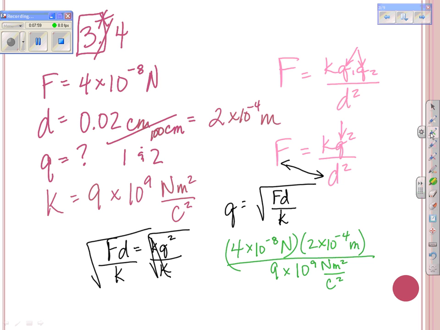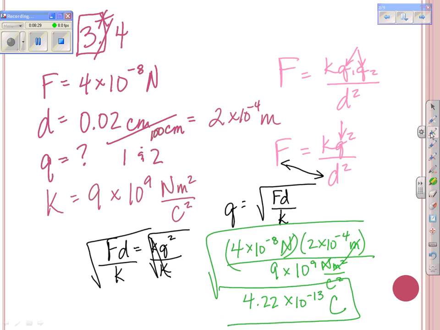This is actually going to, we'll be able to cancel out our newtons. We'll be able to cancel out our meters, and then we'll be able to just have that. Then we're going to take our square root, and when we take our square root, we should get 4.22 times 10 to the negative 13th, and now our answer is coulombs. Okay, because we're looking for charge.